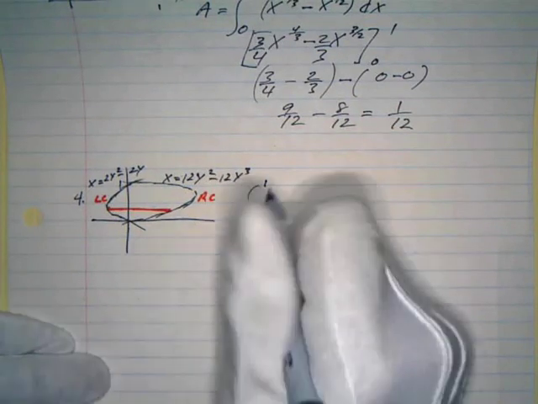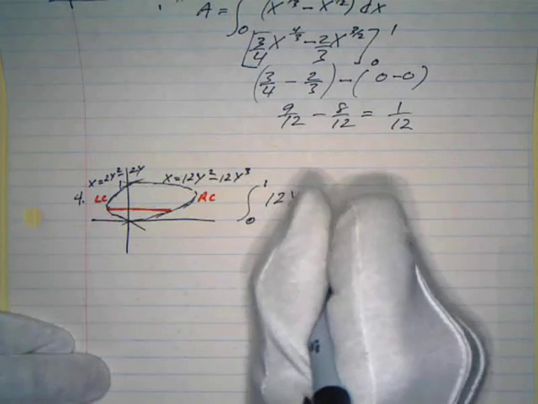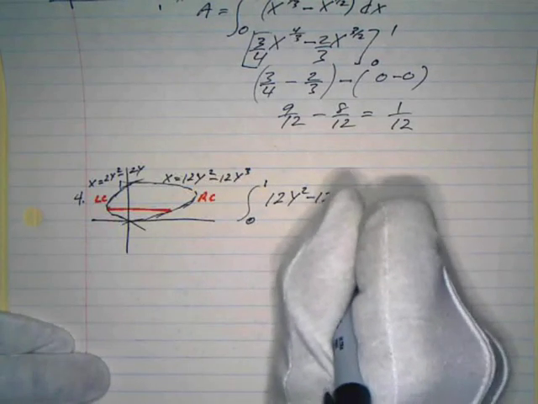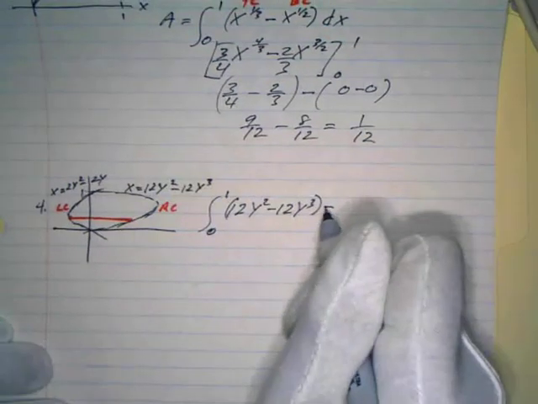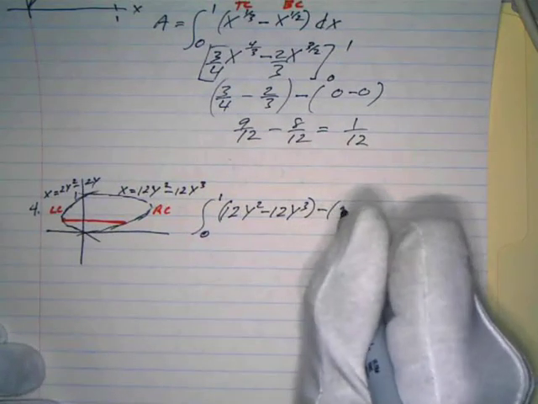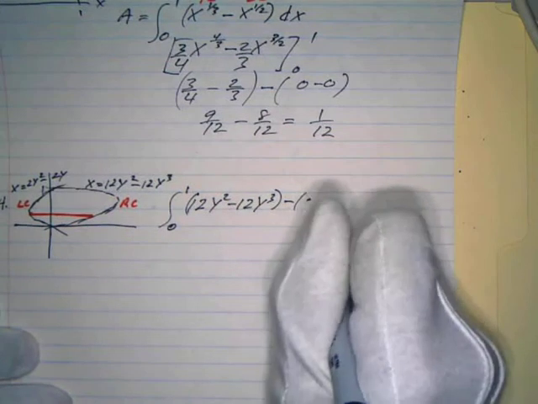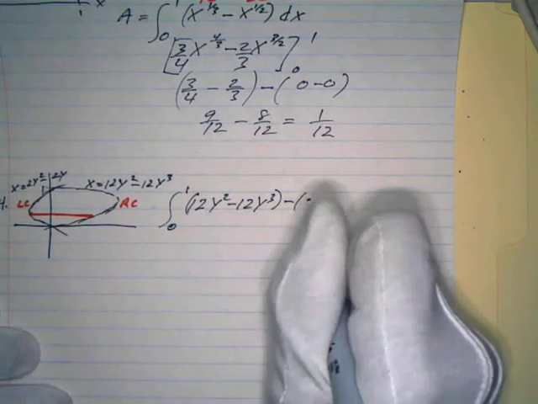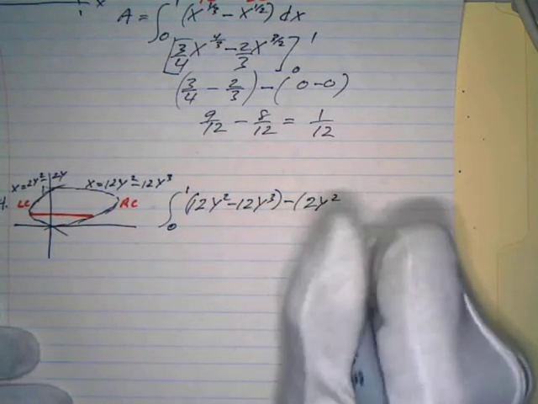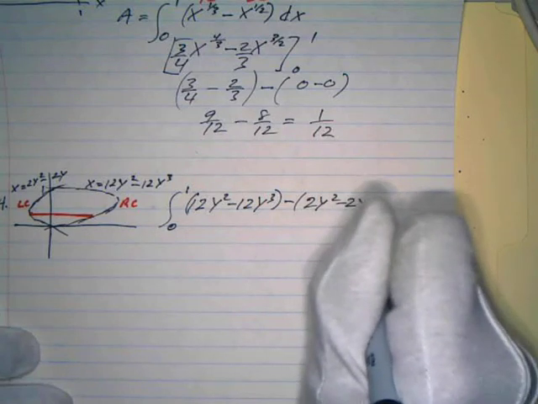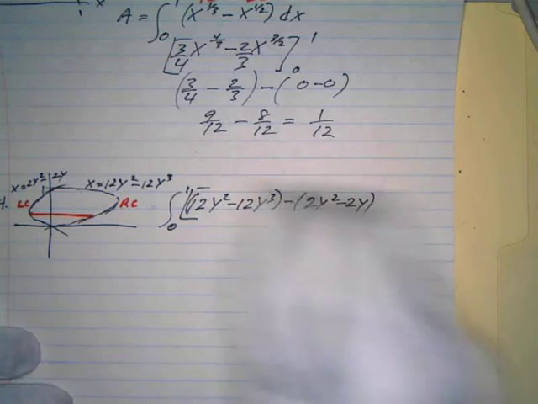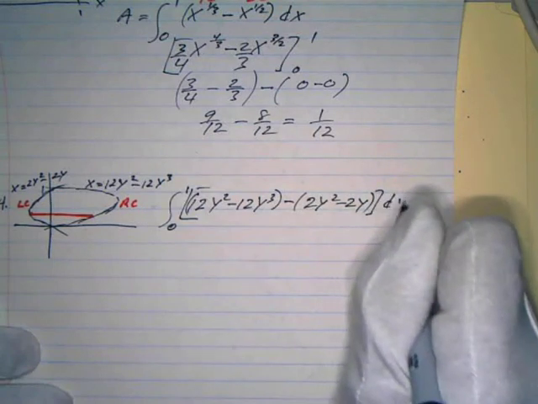And then it's going to be the right curve, which is going to be 12y squared minus 12y to the third, minus the left curve, which is 2y squared minus 2y. And that's all going to be with respect to y, dy.